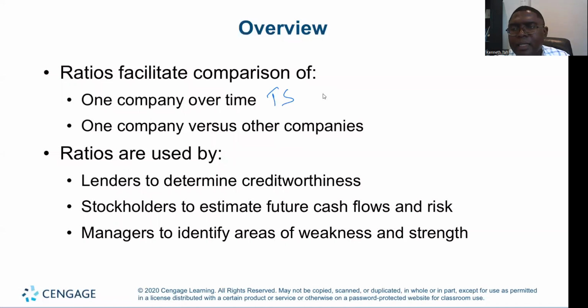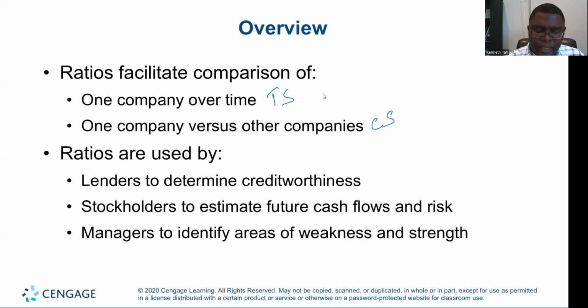It could be against a company in the same industry, a major competitor, or industrial average. So when we are comparing the company's performance for a current year against industrial average, that is what we call cross-sectional analysis.